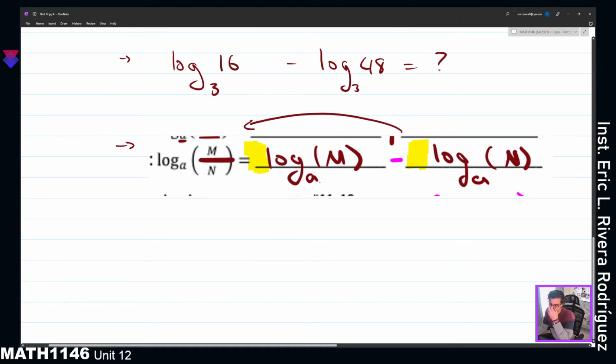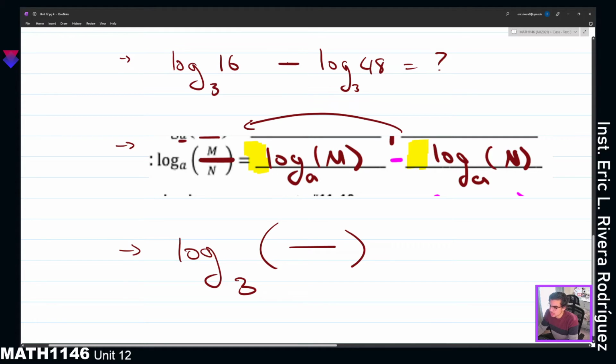Within the logarithmic functions, we are going to use the two arguments and put them in a fraction. So this is going to be log base 3, and the detail here is which argument goes in the numerator and which goes in the denominator.